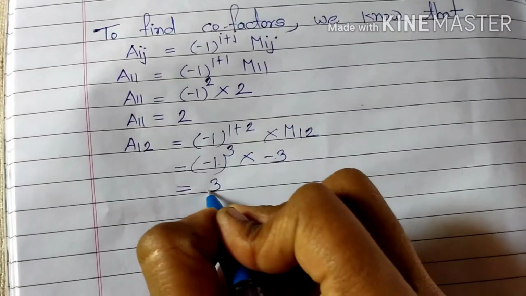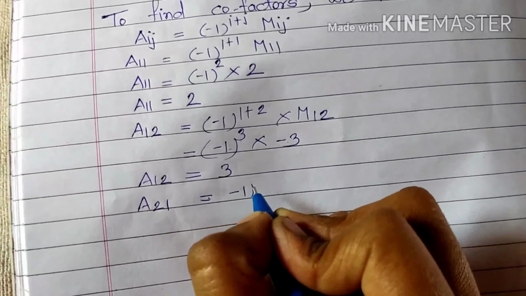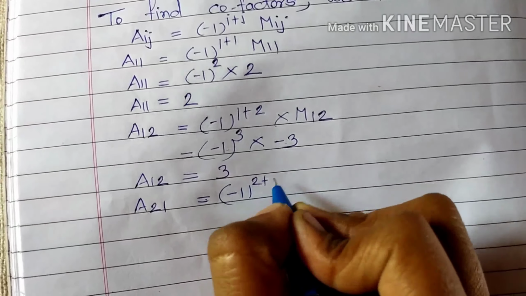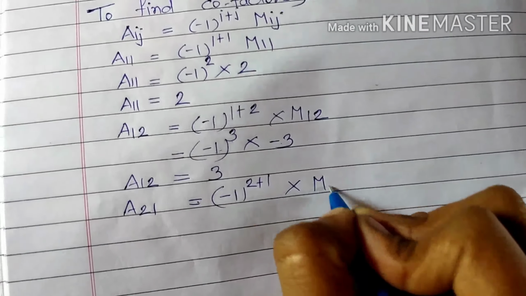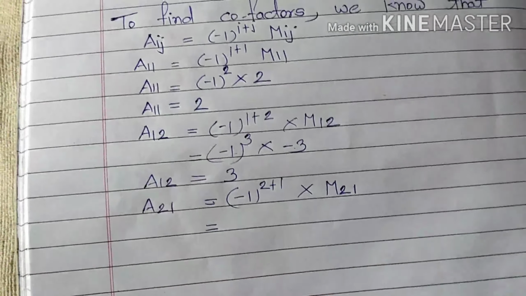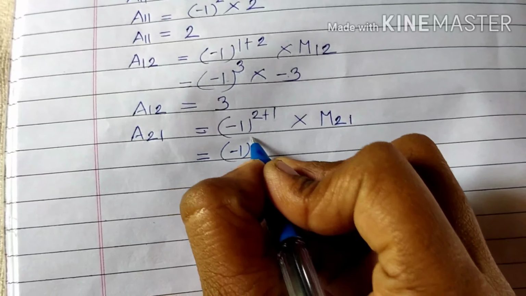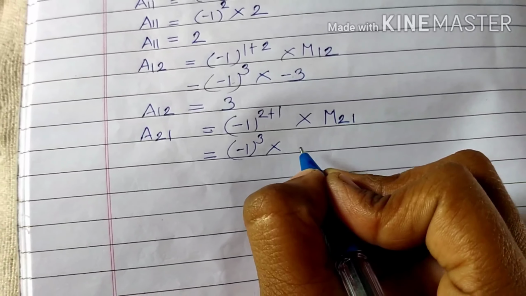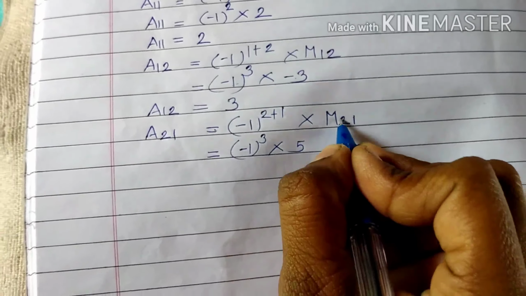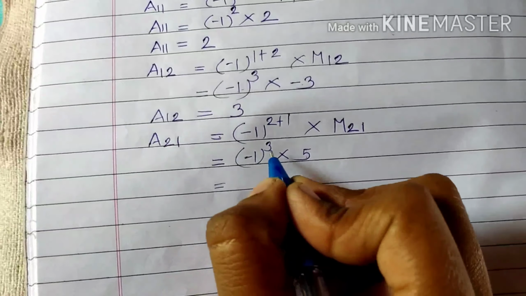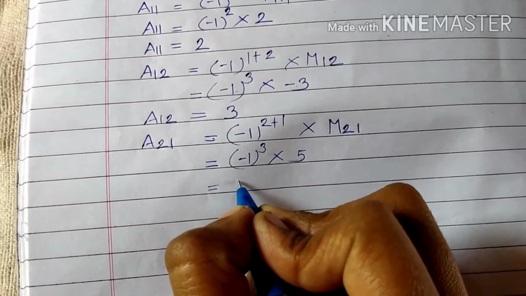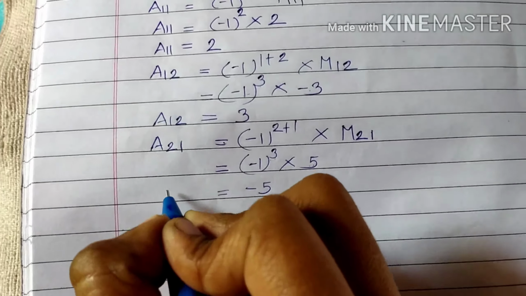Next, A21 is equal to -1 raised to 2 plus 1 into M21. M21 is 5. -1 raised to 3 is -1. -1 into 5 is -5.